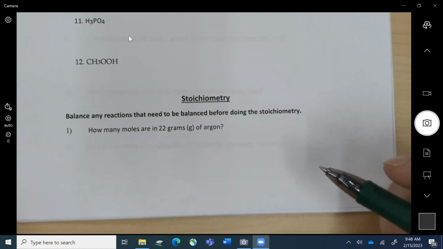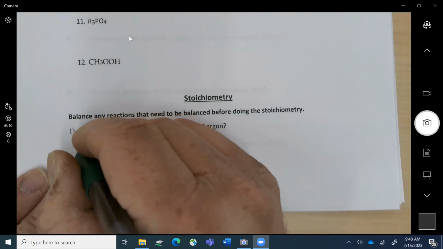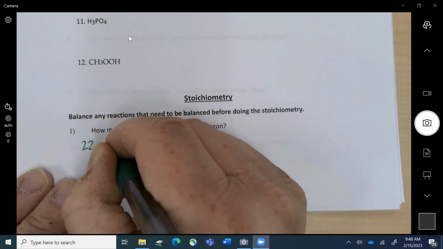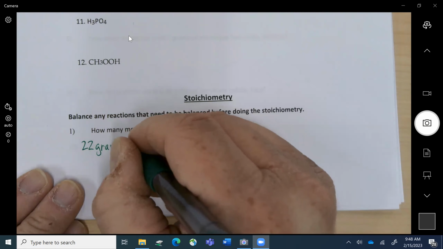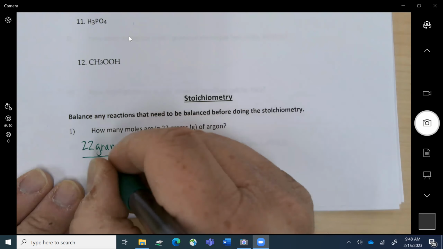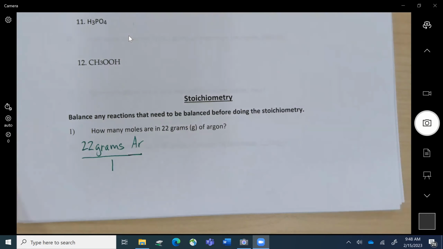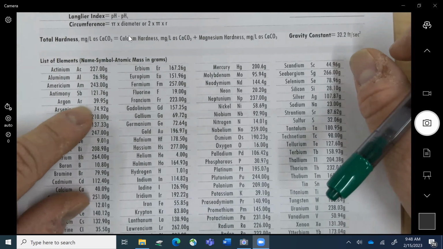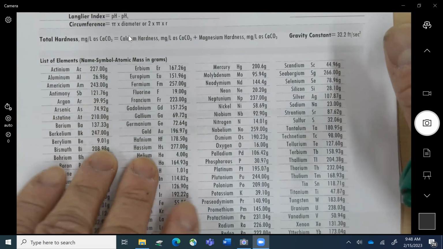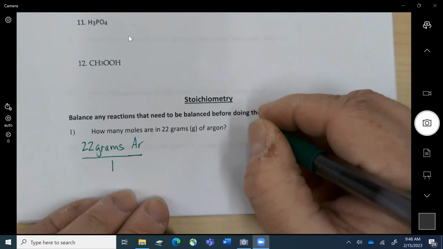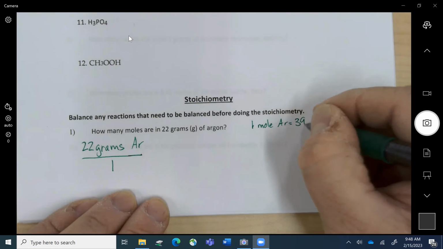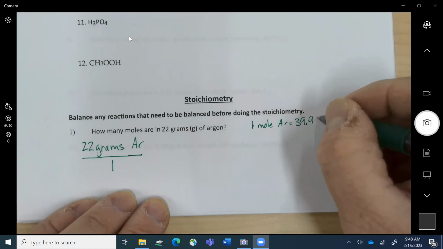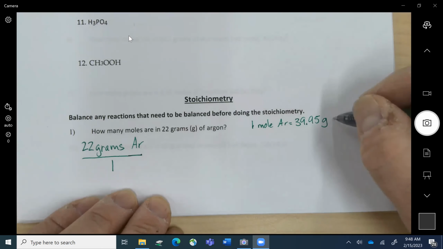Well, I'm starting with 22 grams of argon, which is Ar, over 1. Now, remember, I told you that the atomic masses that you'll see on here, so argon's right here, 39.95, means 1 mole of argon equals 39.95 grams of argon.